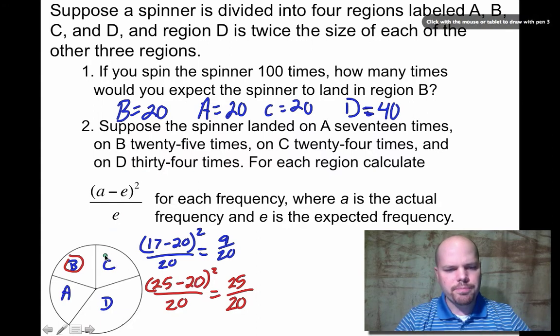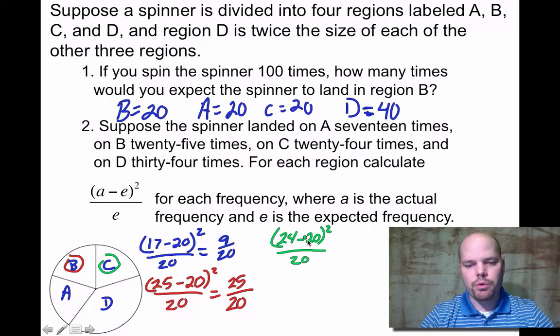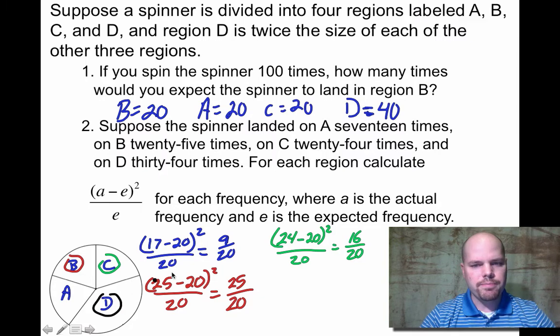Region C happened 24 times actually, so 24 minus we expected 20. Square it and divide it by 20. So a difference of 4, squared, is 16, divided by 20. We could reduce these if we wanted to, but it's not necessary at this point. Then region D, actually 34.